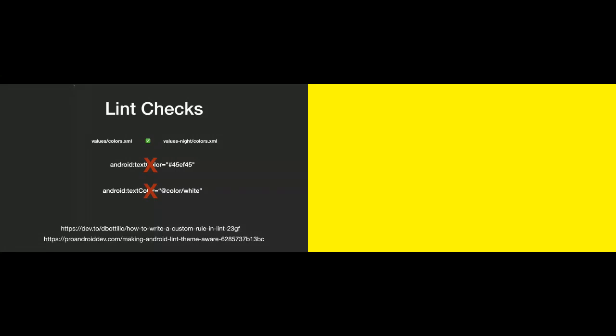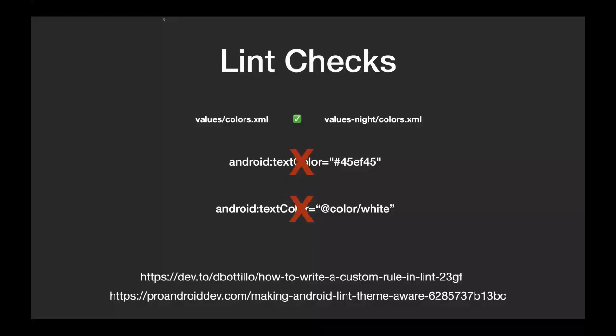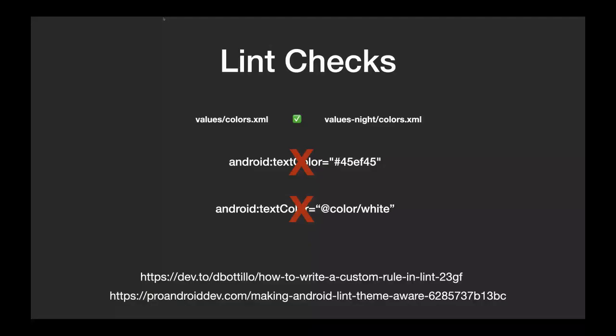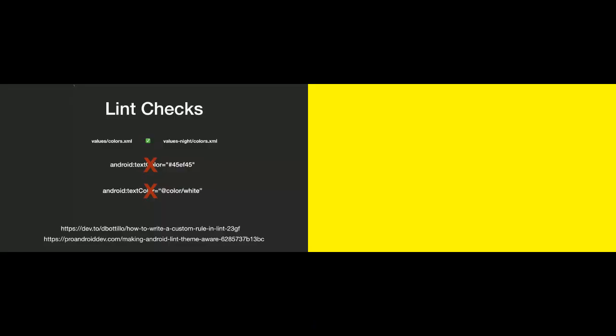The checks that we wanted to add were three. The first one is very simple: if you have a color defined in values, you need to have a color defined in night. If you don't, probably your color will not work in dark. The second one, which is even more straightforward, is if you have a hard-coded color, that doesn't sound right.